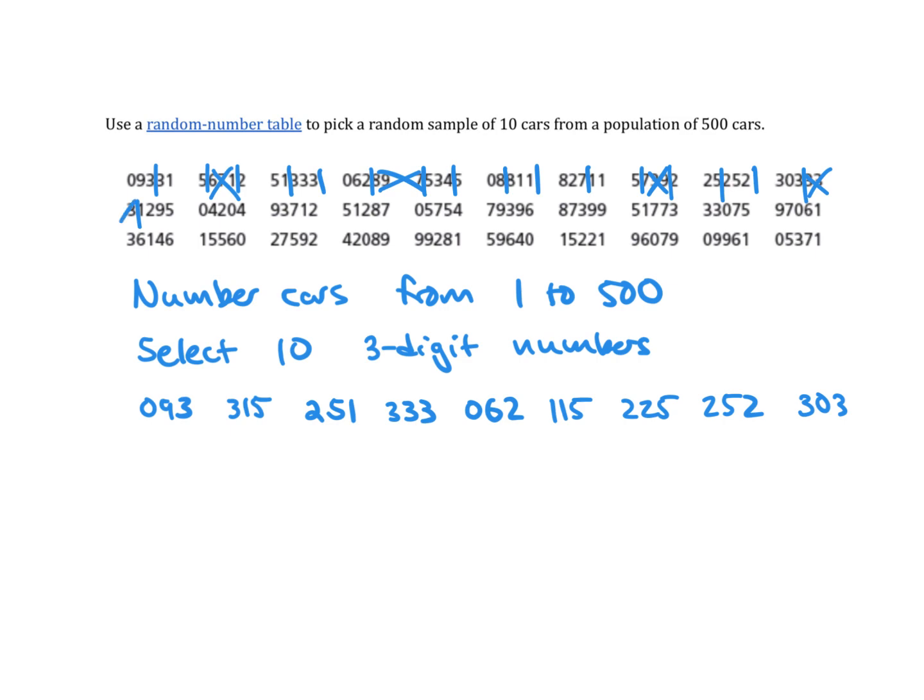And my next number is 129. And I believe that is 10 numbers, so I'm good. I've got my 10 randomly selected numbers, and that was a fair way to select 10 numbers between 1 and 500 where each number was equally likely to be selected.